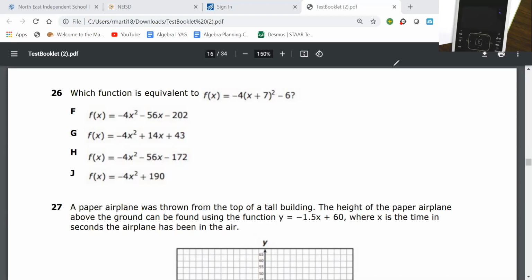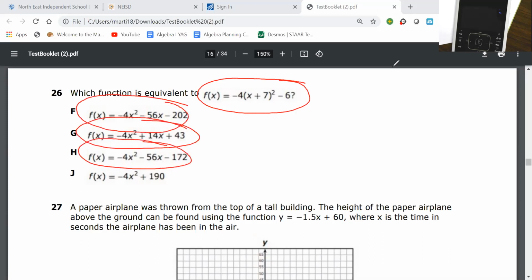Now, a third way you can do it, and this will always work, but sometimes it takes longer, is put this in the calculator. Graph it in the calculator, just as it's written. Then graph each one of these. It can be time consuming, especially if your answer is J, which in this case it isn't, it's F, so it would be the first one. But if your answer is the last one, then you've gone through all 4.